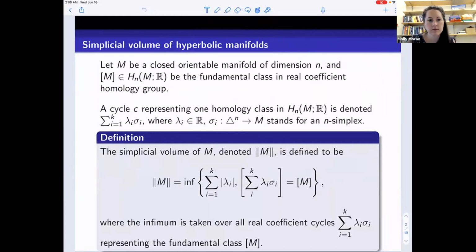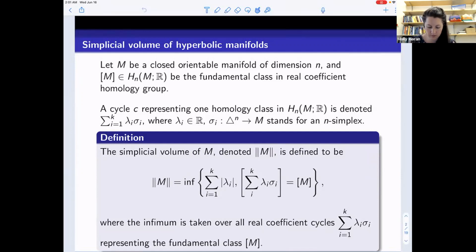Let M be a closed orientable manifold of dimension n, and we consider homology in real coefficients. Let [M] be the fundamental class, and we consider a cycle representing the fundamental class to be the sum over i of lambda_i sigma_i, where the lambda_i are real numbers, and sigma_i stands for a singular n-simplex.